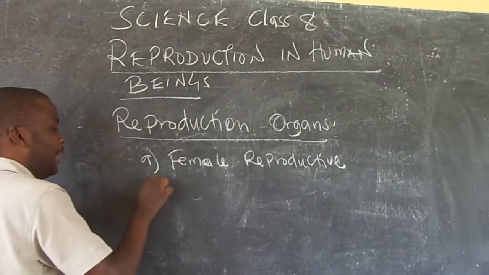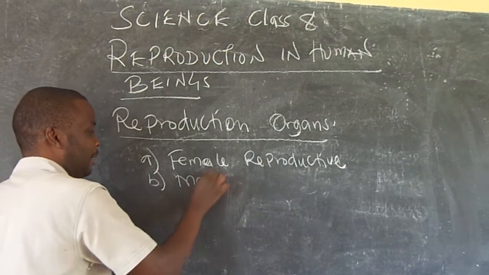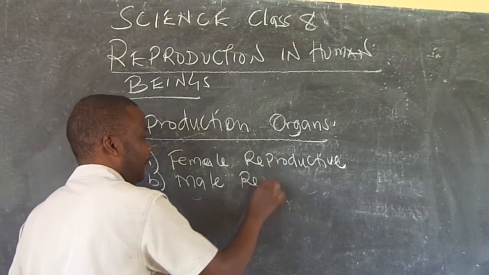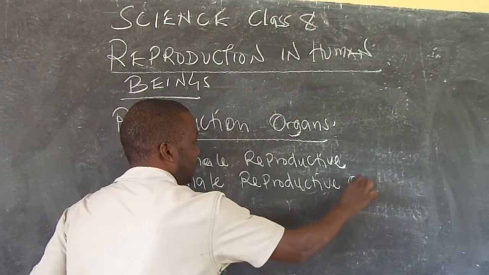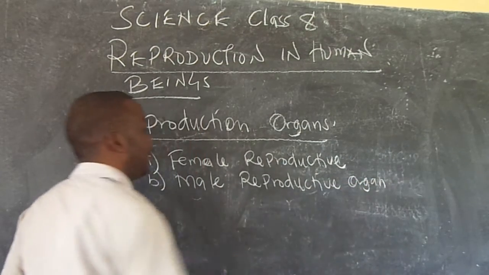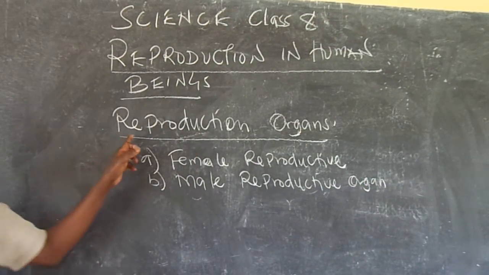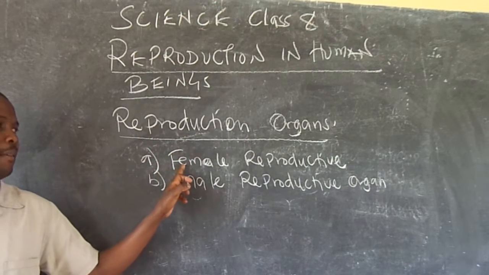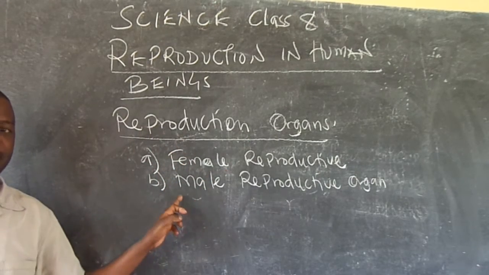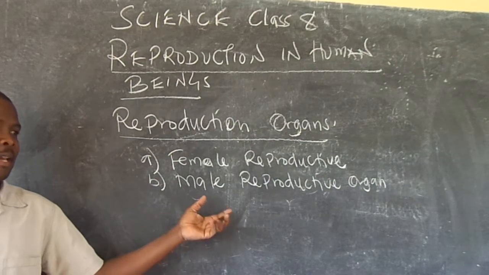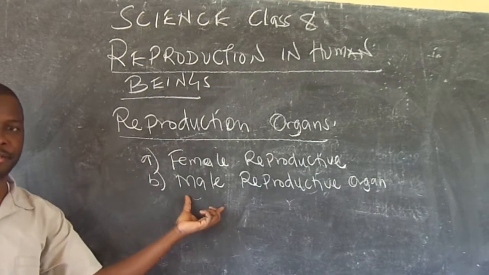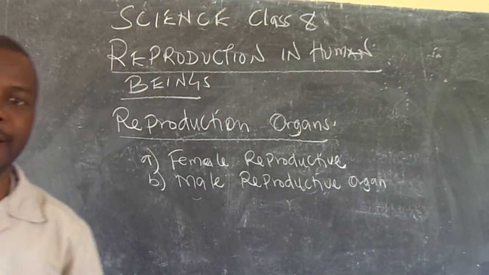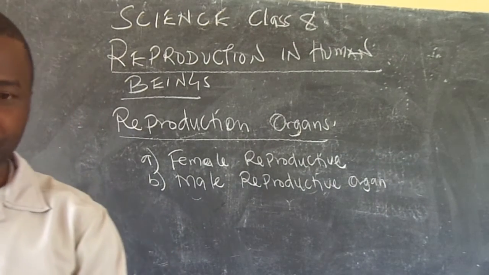And 2, we have what we call the male reproductive organ. So we have the two. These ones are the ones that will enable the human beings to reproduce or to give rise to young ones.